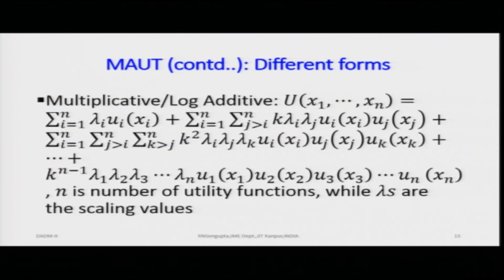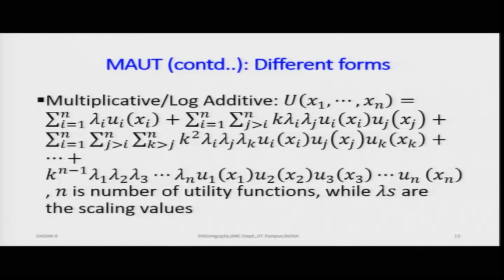For the multiplicative or log additive one, you will have combinations such that for the single units, that is u1, I am mentioning for ux1, u2 for ux2. For u1, u2, u3 till un, you will multiply them by the scaling factor and add them up.